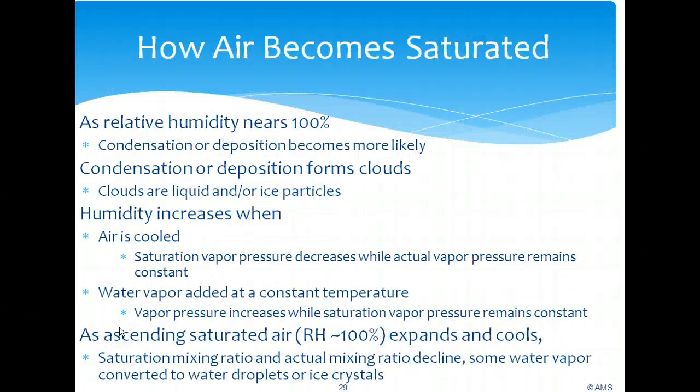We know that as relative humidity approaches 100%, either condensation or deposition of water vapor becomes more and more likely. Condensation or deposition within the atmosphere produces clouds, so the probability of cloud development increases as the relative humidity nears saturation.